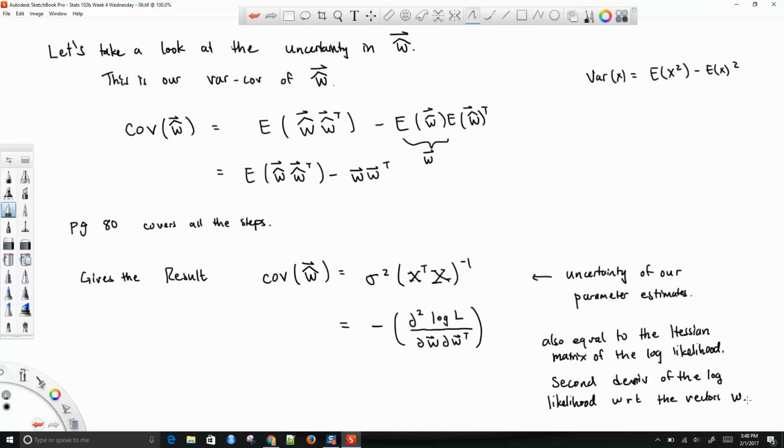Okay, so if this thing ends up being quite large, that would tell us that the estimates that we have, W, could vary quite a bit based on the data that we've seen. I'll give you a little bit more formal definition. Oof, we're going to run out of time here.